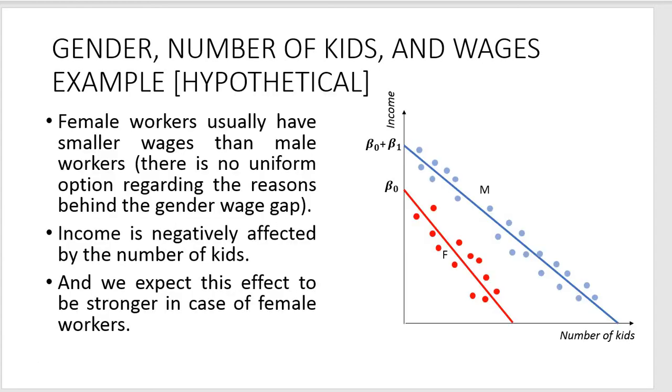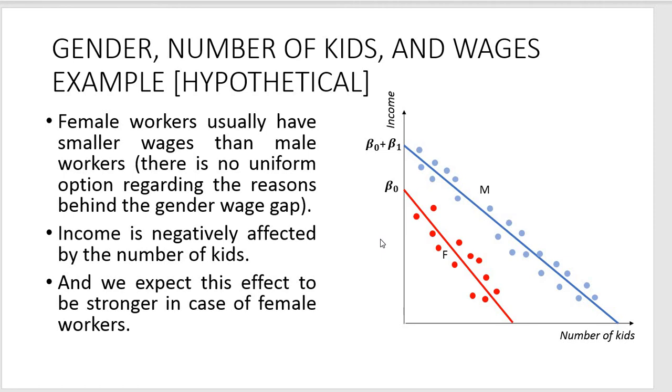I assume that males are going to have higher wages in comparison to female workers, regardless of the number of kids. So the value of intercept will be bigger, and also the number of kids will cause a more significant effect on female income than on male income. So this is the idea.